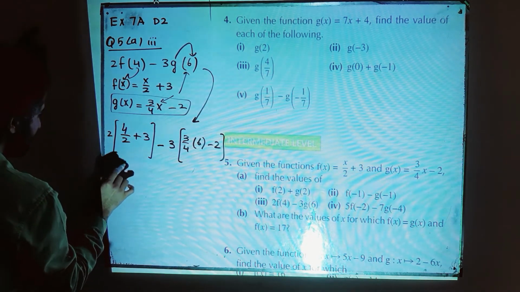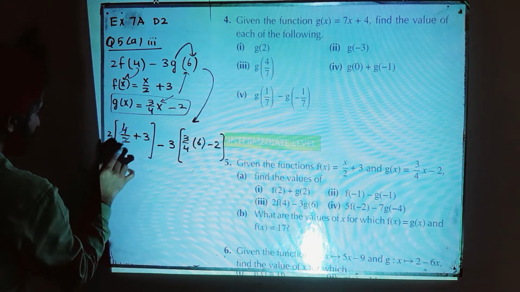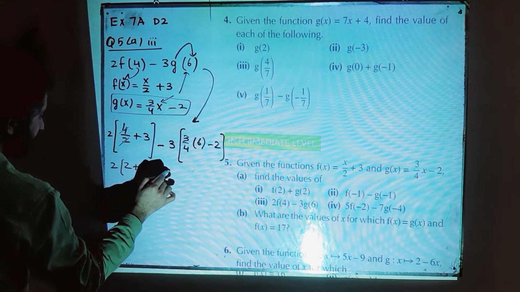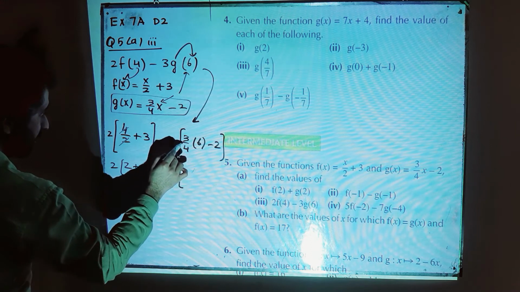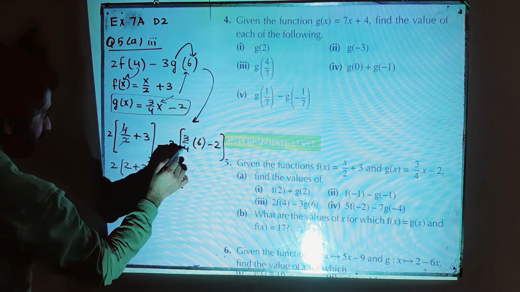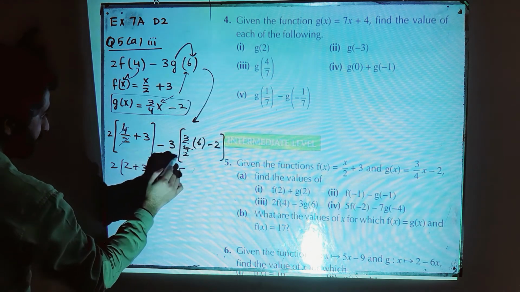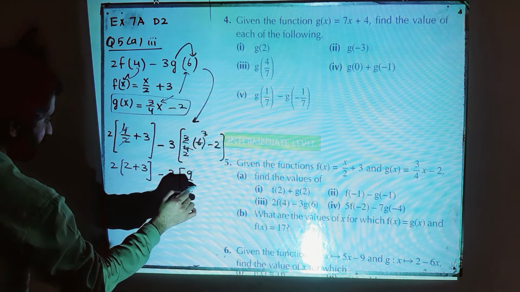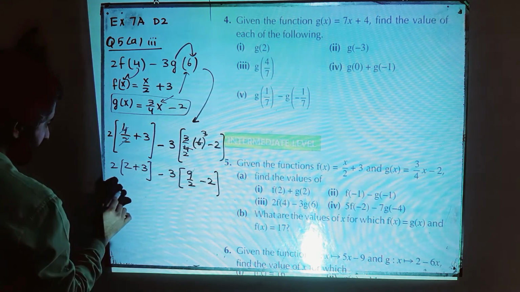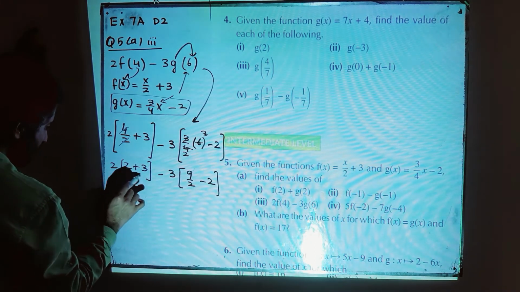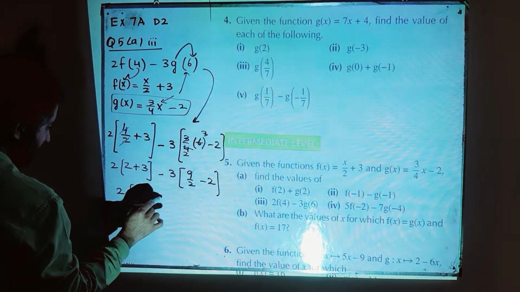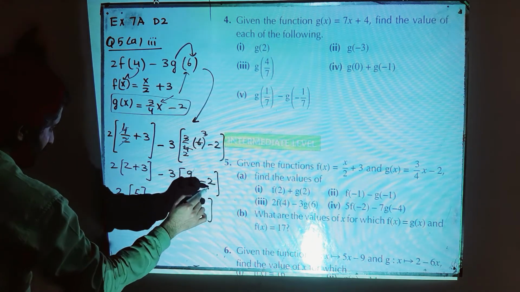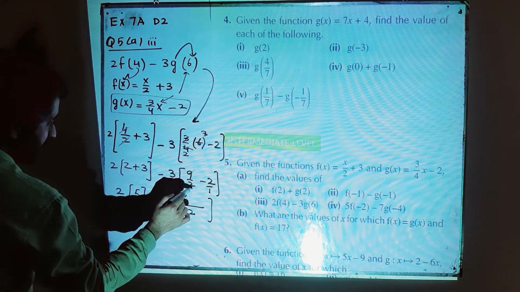Simplify within brackets, so that is 2 plus 3 minus 3. You can simplify this one, 2 times 4, 3 times 6, 3 times 9 by 2 minus 2.